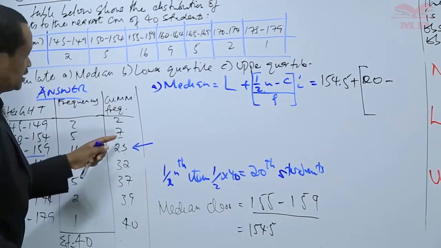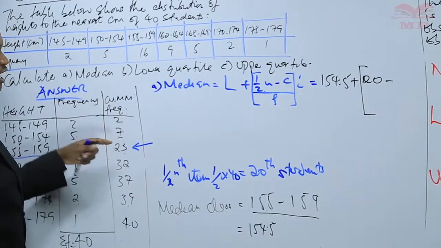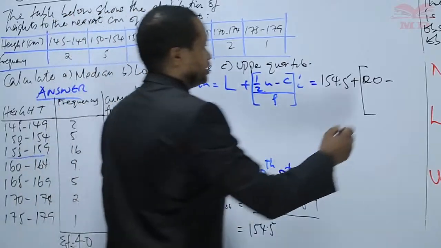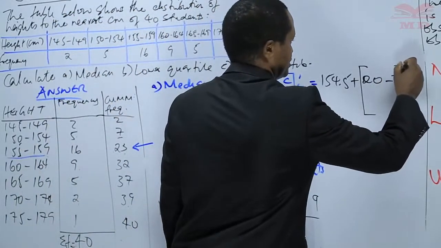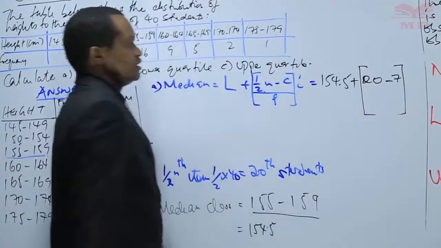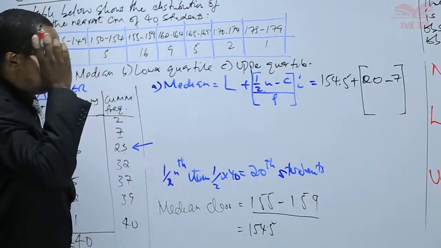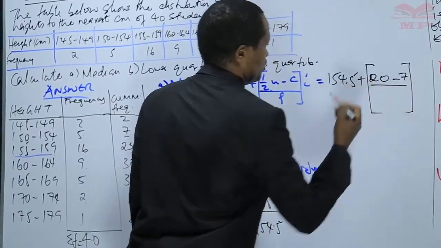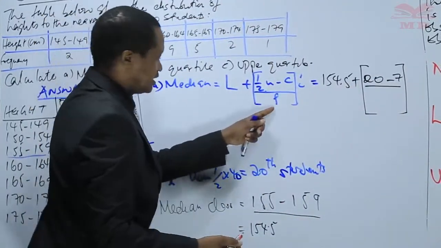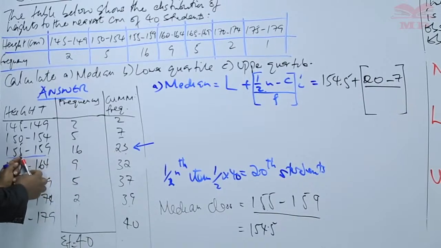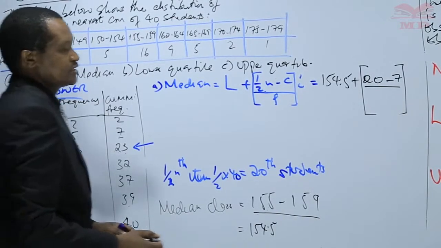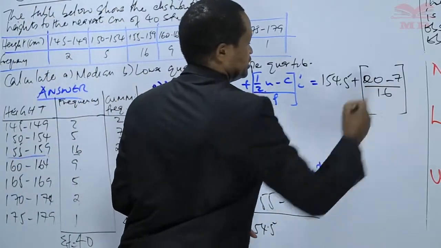Then we get the frequency of the median class, which is 16.